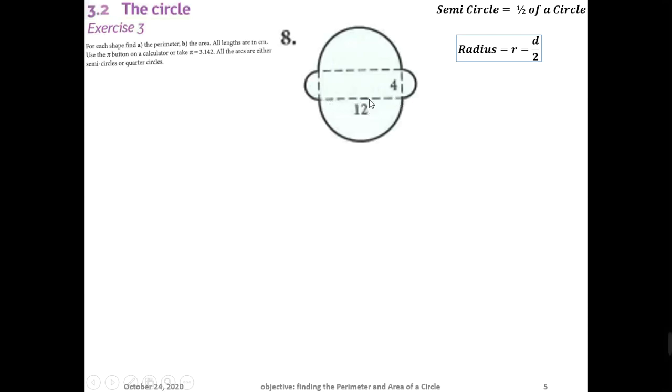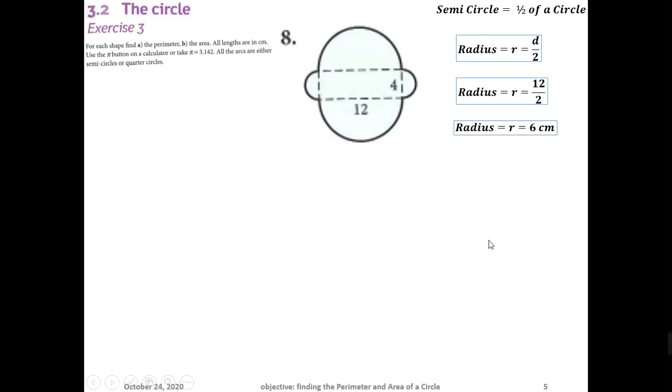But 12 represents the diameter, which is the distance from the circumference to the circumference passing through the center of the semicircle. Accordingly, the radius is half of 12, which brings it down to 6 centimeters of a length.